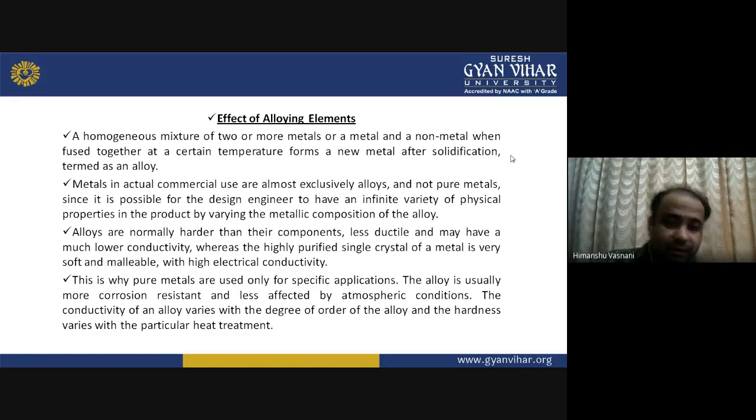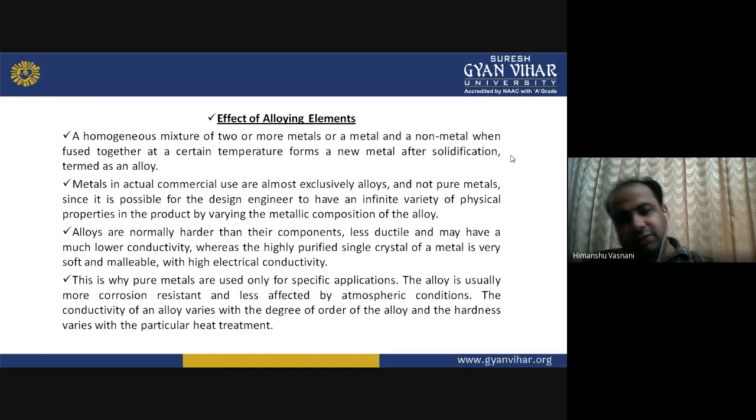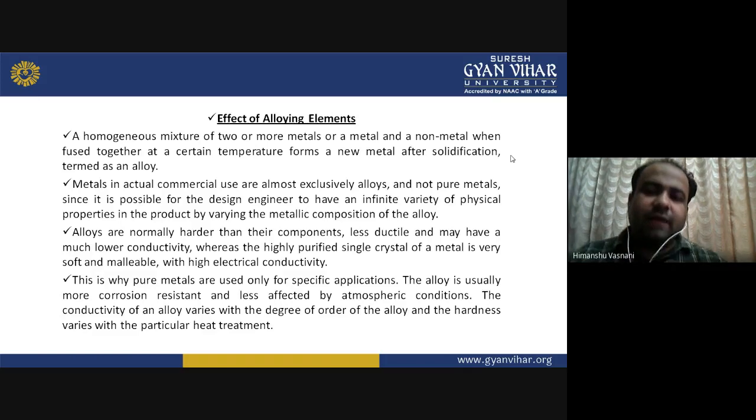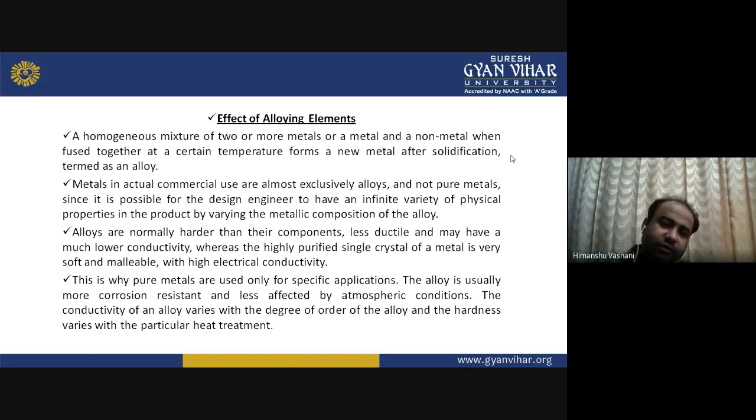Metals in actual commercial use are almost exclusively alloys and not pure metals, since it is possible for the designer to have an infinite variety of physical properties in the product by varying the metallic composition of the alloy.